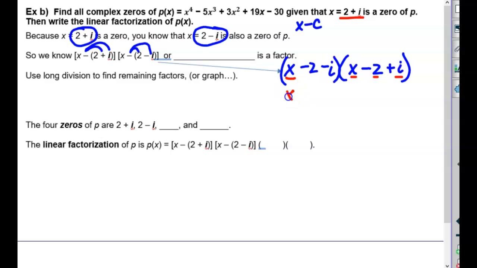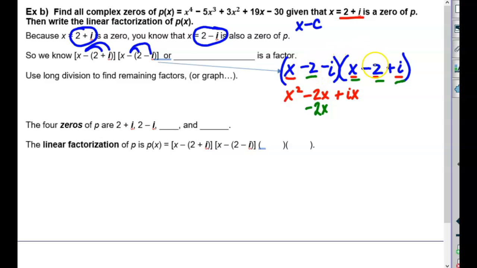We're going to have an x times x is x squared. x times negative 2 is negative 2x. x times i is plus ix. Then we're going to distribute this negative 2 to all three terms back here. Negative 2 times x, I'm going to write it underneath the other negative 2x, but you don't have to.